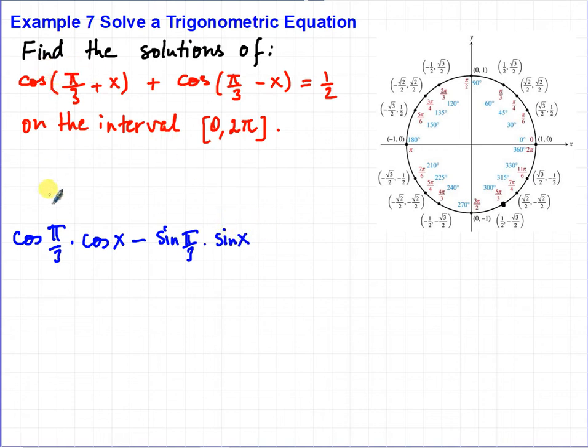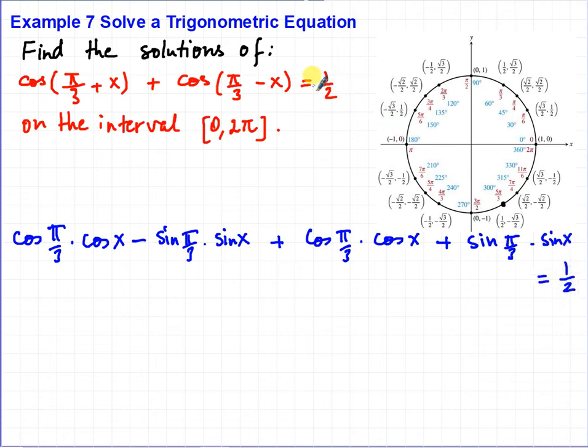So this part is for this term. Now plus, we get into the second term. Here I have cosine a minus b, so it would be cosine a times cosine b plus sine a sine b, and this is all equal to 1 over 2 here.